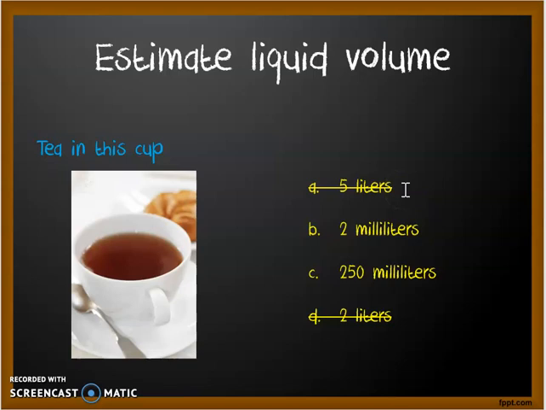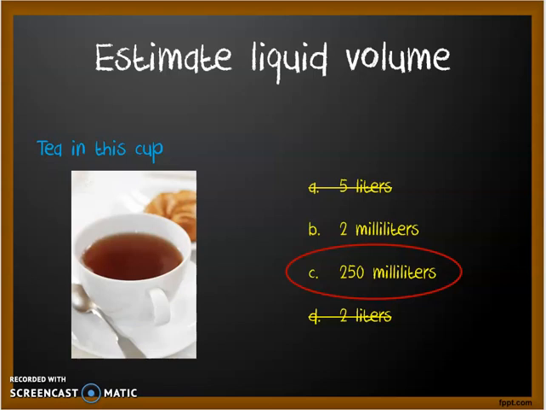Out of what's left, 2 milliliters or 250 milliliters, it can't be 2 milliliters, because if 1 milliliter is only 20 drops, then 2 milliliters would be about 40 drops. So my best answer choice is 250 milliliters. That makes the most sense out of the choices I have here.